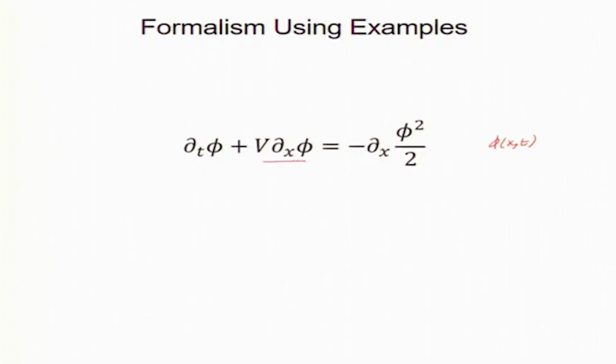This is a linear term and this is a nonlinear term. If you like, you can put a factor lambda in front, but we do not need it, because V is a parameter for me. So, I can say that the linear term is much bigger than the nonlinear term. Is that idea clear? So, I assume that V dx phi is much bigger than (dx phi) squared by 2.